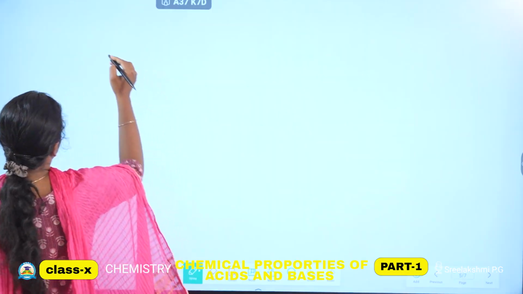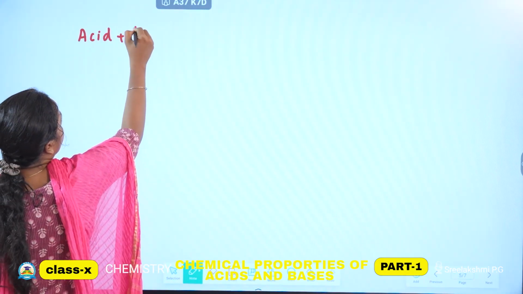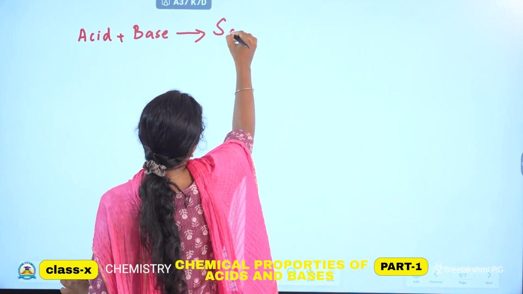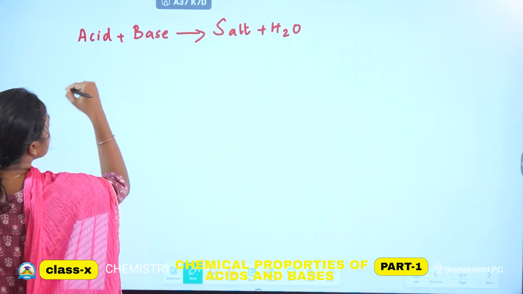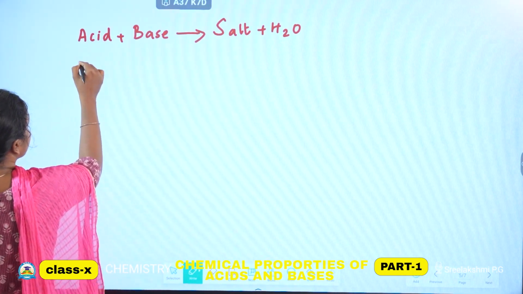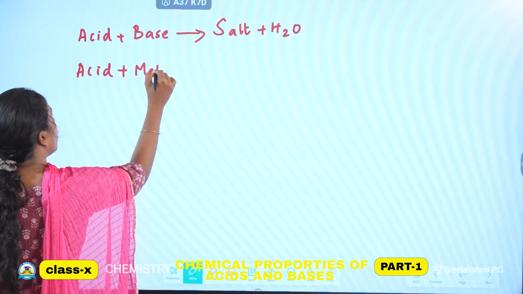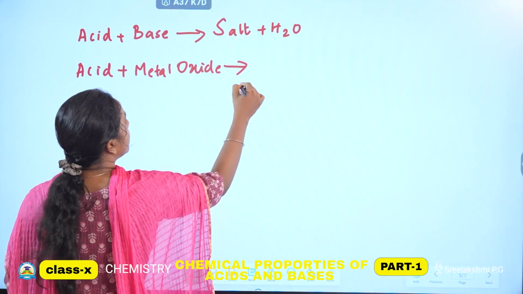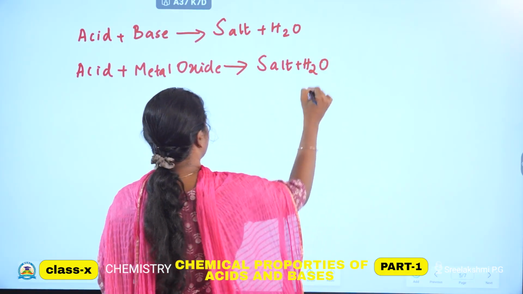So I'm going to write it again. Here, acid plus base will give salt plus water. And in the second reaction, we have seen that acid reacts with metal oxide to give salt and water.